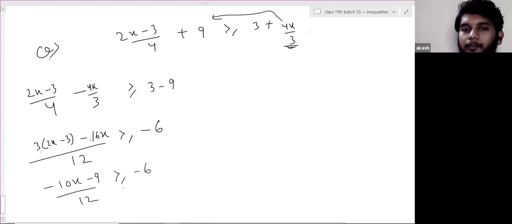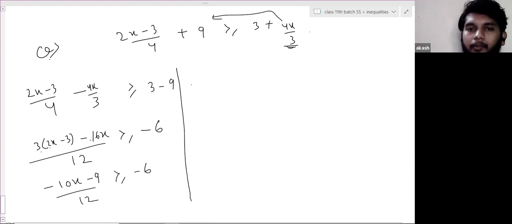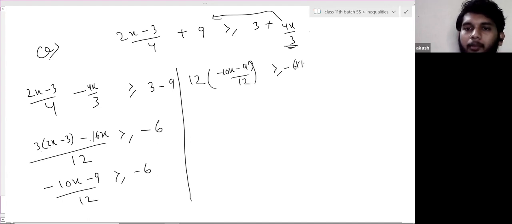How to get rid of this 12? Multiply 12 on both sides. So we get 12 into (-10x - 9)/12 greater than or equal to minus 6 into 12. So this is -10x - 9 is greater than or equal to -72.